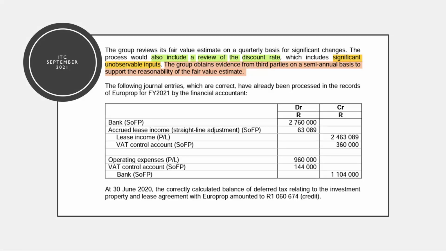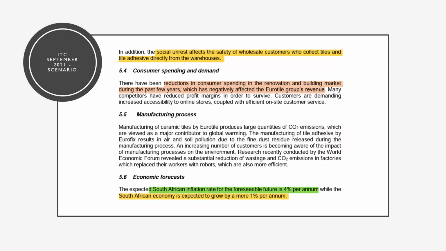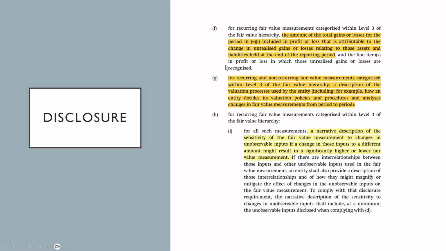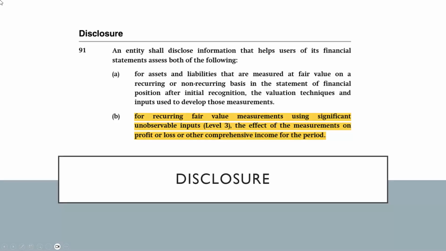The group reviews its fair value estimate on a quarterly basis for significant changes. The process would also include a review of the discount rate. We are told about a discount rate that includes significant unobservable inputs. Now let's go back. These significant unobservable inputs already put it at level 3.